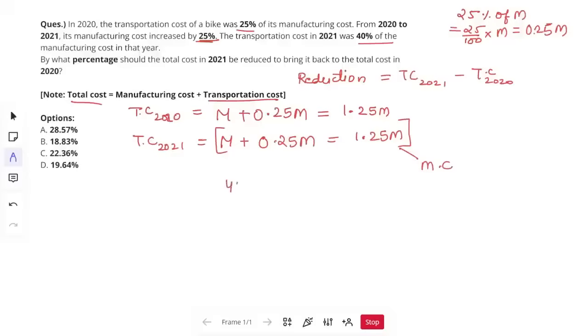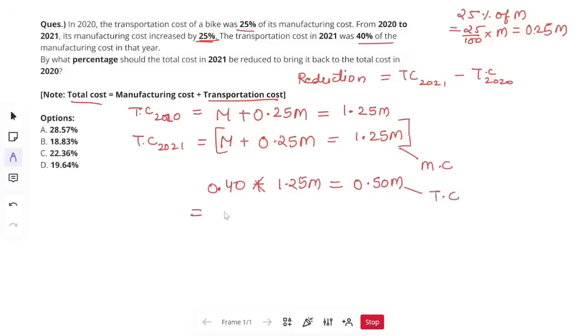So 40% can be written as 0.40 times the new manufacturing cost, which is 1.25 M. So 40% of 1.25 M is going to give us 0.50 M. Okay, now this is the transportation cost.